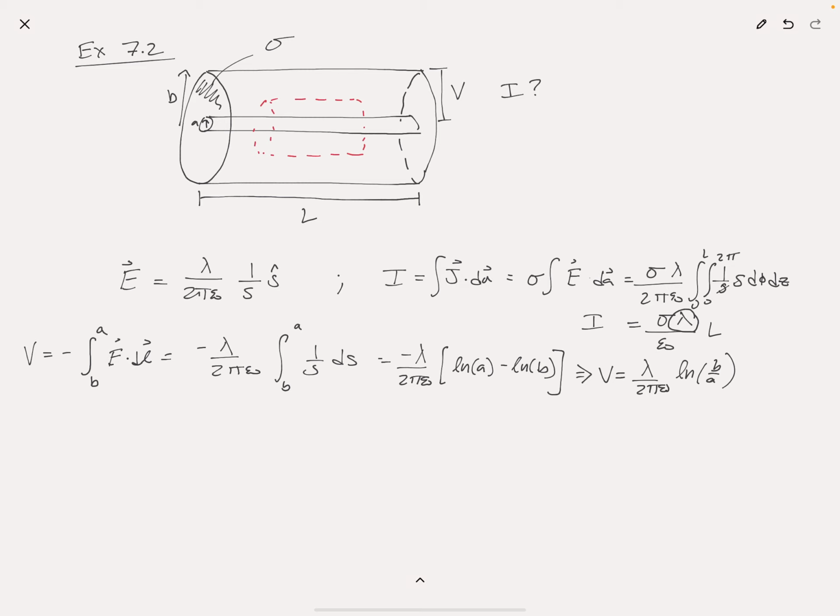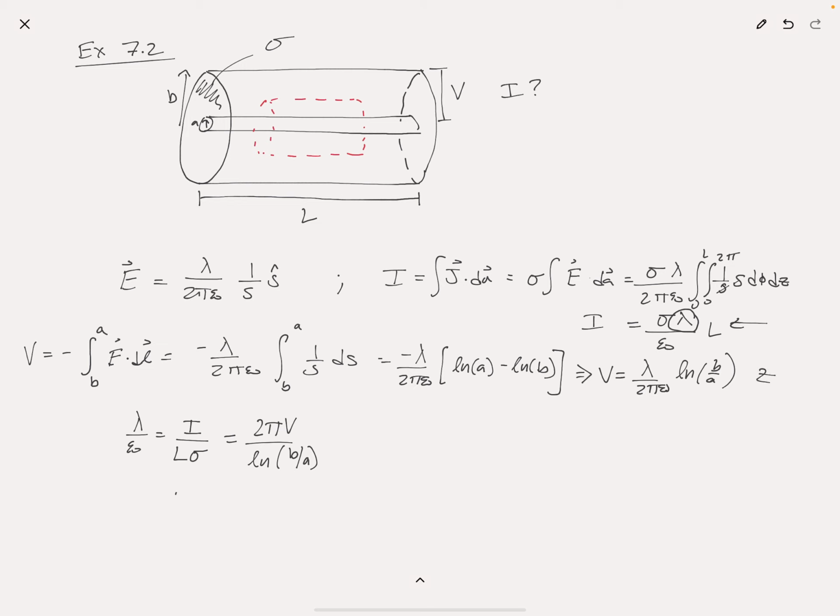Okay, now both of these expressions have a lambda over epsilon naught in them. So I'm going to write lambda over epsilon naught is equal to I over L sigma. Okay, that's from this first expression. And then the second expression is also equal to lambda over epsilon naught. That is going to be, let's see, 2 pi V over natural log B over A. All right, that comes from this expression.